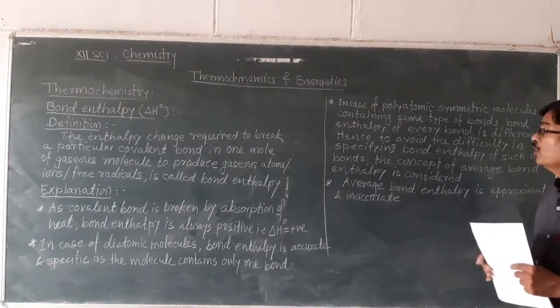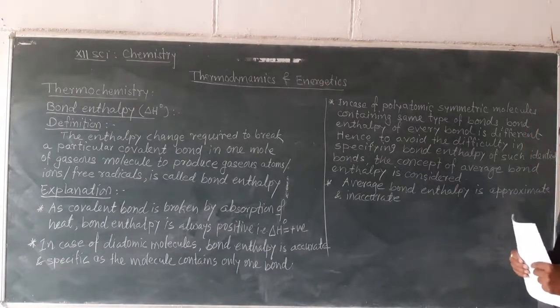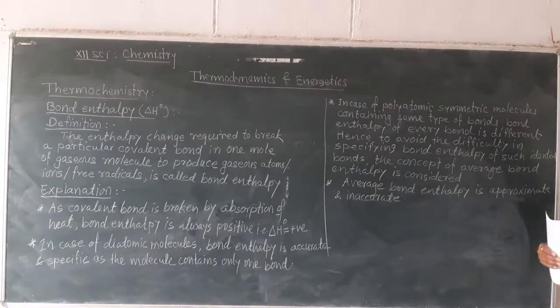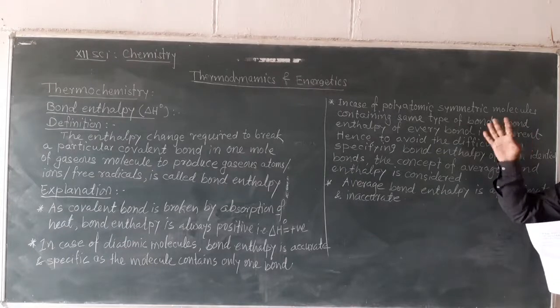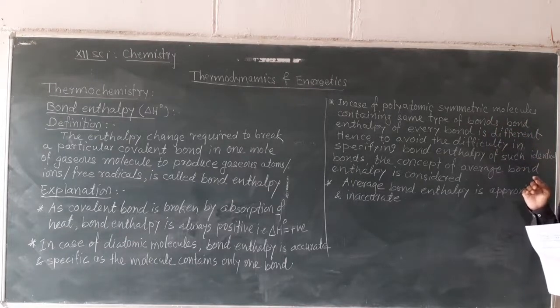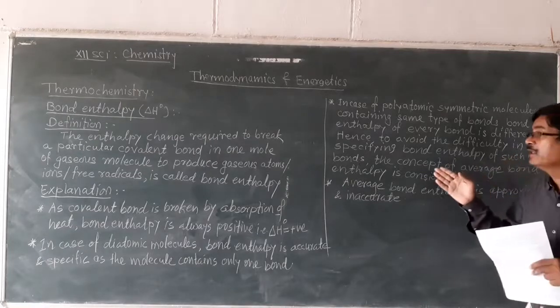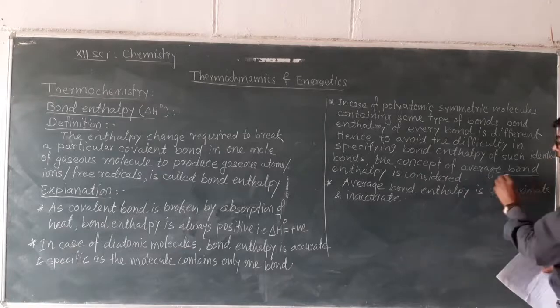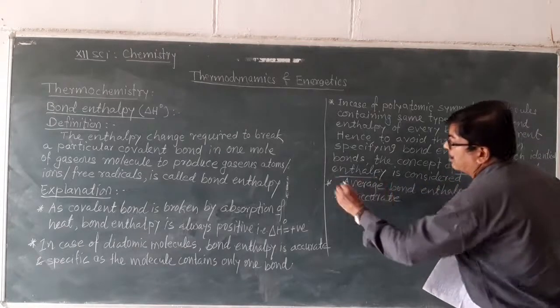In case of polyatomic symmetrical molecules containing identical bonds, bond enthalpy of every bond is different, and therefore it becomes difficult to specify bond enthalpy of any of these identical bonds because they have different values. To avoid these difficulties, the concept of average bond enthalpy is taken into consideration.